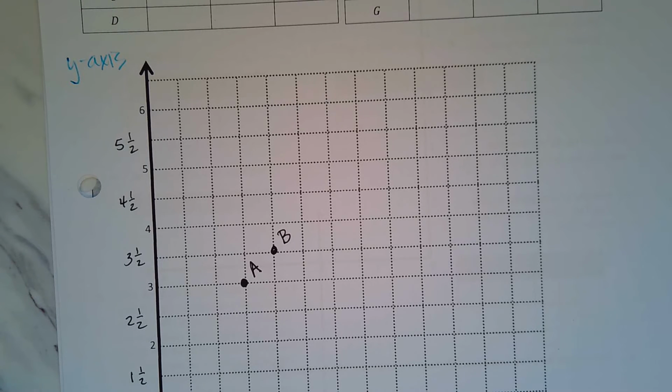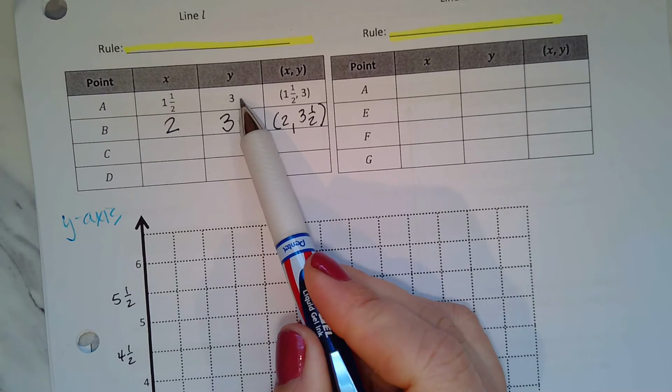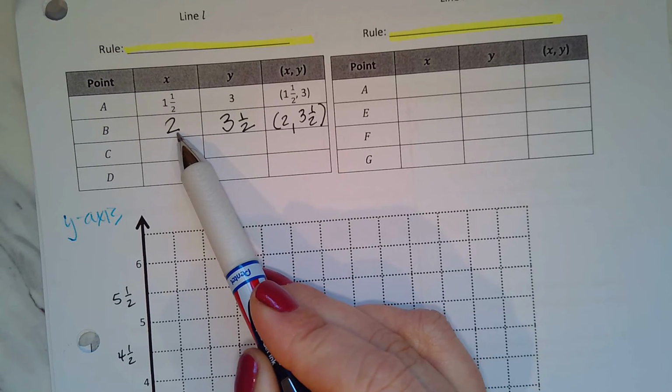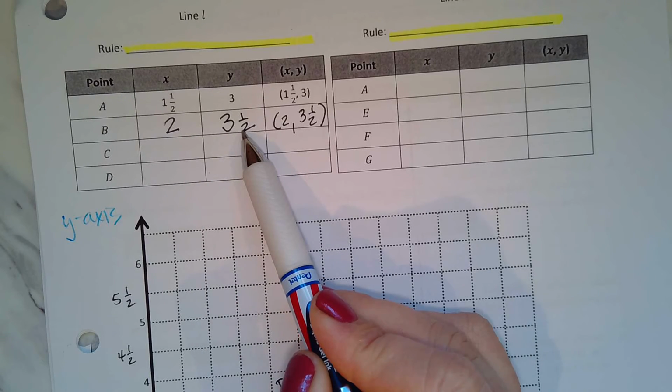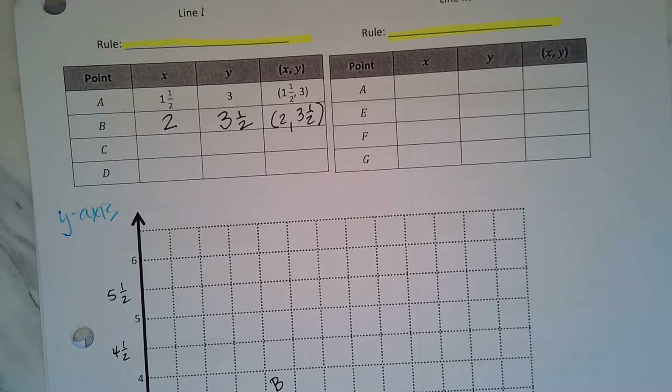So what pattern do you notice in the coordinate pairs of line L? I have 1.5 and 3, and then I have 2 and 3.5. What do you notice? What relationship could there be?